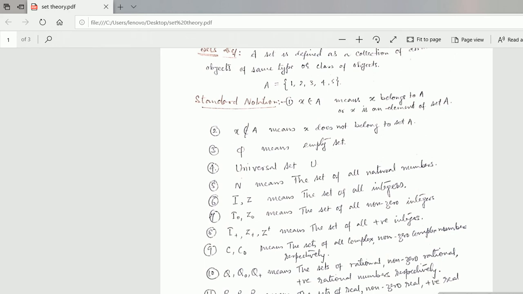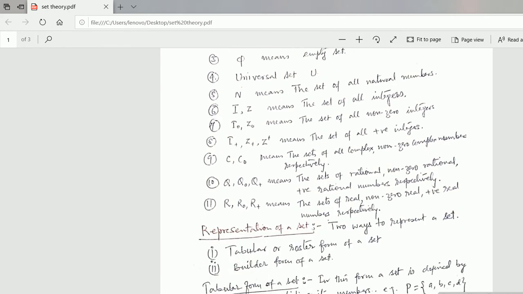N means the set of all natural numbers. I or Z means the set of all integers. If it is written I naught or Z naught, this means the set of all non-zero integers.